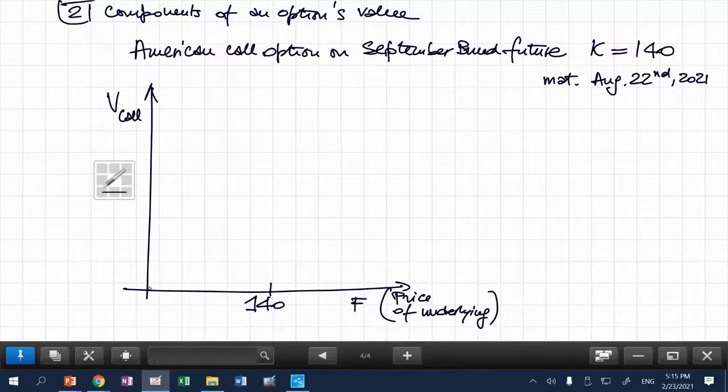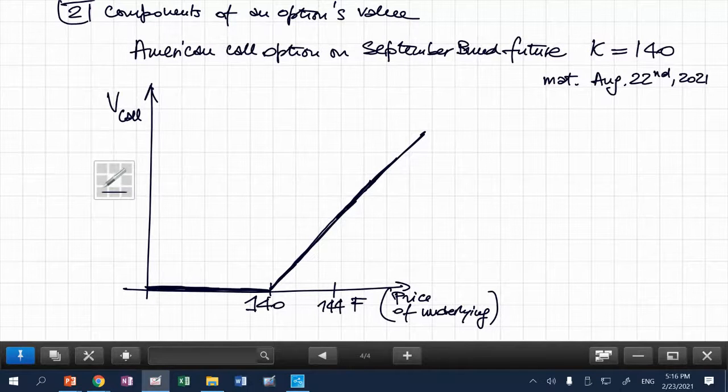For all the prices below 140, I will never exercise the option, so the option would expire worthless. Whereas for all the prices greater than 140, the value of the option at maturity is going to be a 45-degree line, so that, for instance, if the future traded 144, the value of the option at maturity would be just 4, okay?